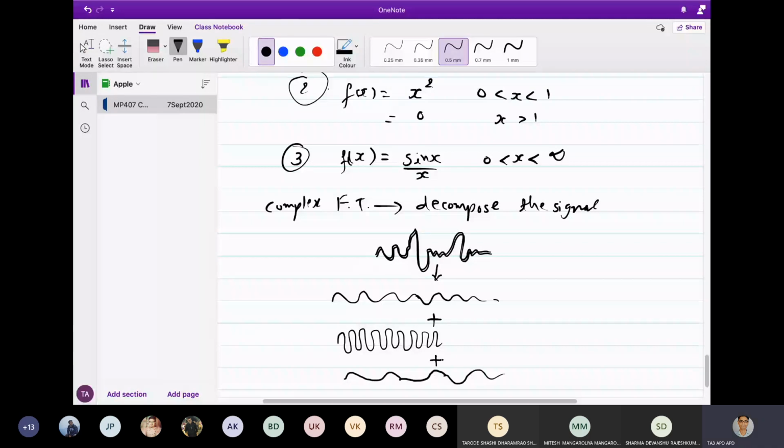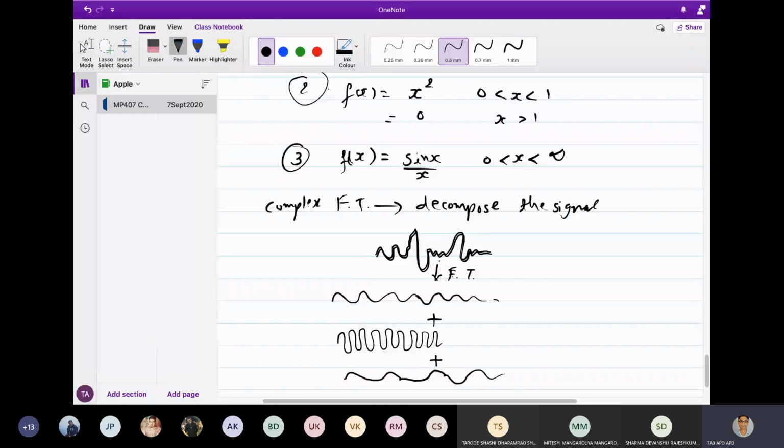My drawing is not very good, but what I'm trying to say is that if you have a signal given to you, and if you want to identify what are the frequency components in the given signal, then one can apply the Fourier transform, and by applying it we are actually separating this whole signal into its constituent frequency components.